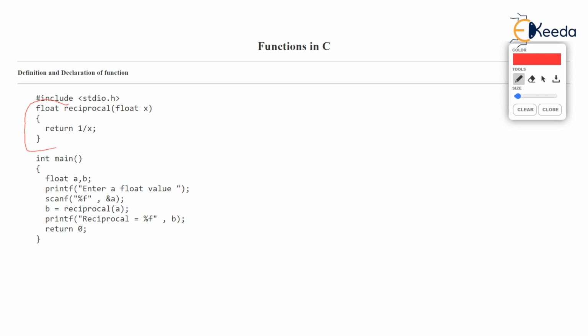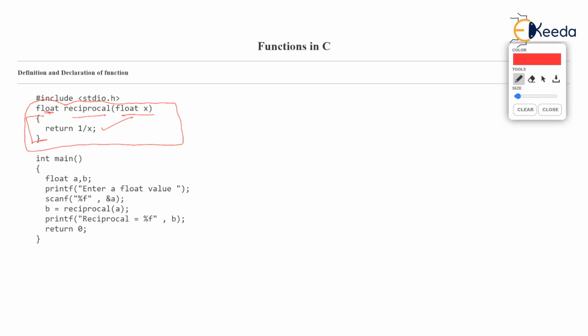Why is it known as definition? Because we have not only written the name, parameter, and return type, but we have also mentioned what it does, the contents of the function, the body of the function, the code of the function. So in short, when we write the entire function, it is known as function definition.